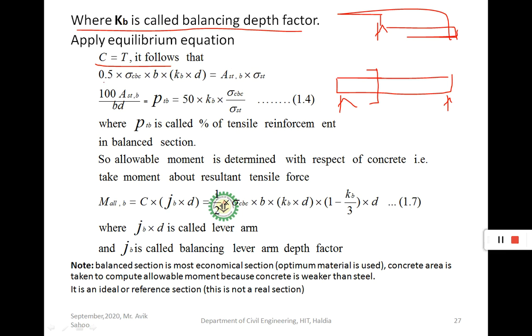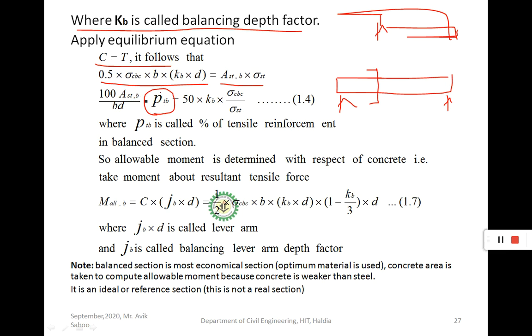Now from the stress diagram, this is the compressive force in the balanced section, and this is the tensile force in the balanced section. Now again we get one relation and one term, that is PT,B, which means the percentage of tensile steel in the balanced section. Similarly, AST means the area of steel used in the balanced section.